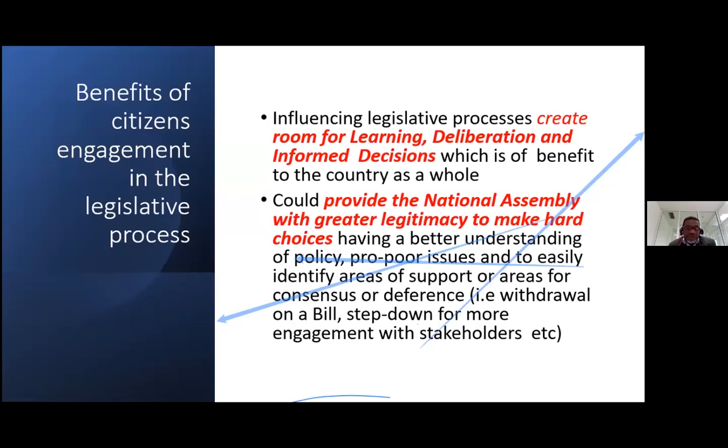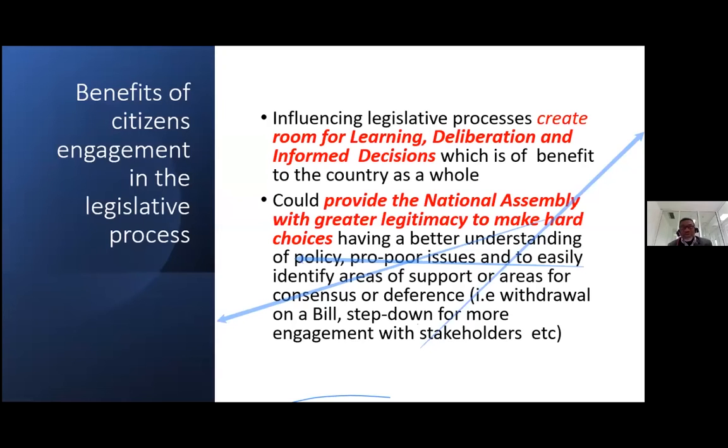Another thing civic engagement can do, and this is a benefit more to the institution of the legislature itself, is that you strengthen the legitimacy of the legislation. A legislature that does not engage with the citizens has only a limited level of legitimacy. And why you need legitimacy is that not all decisions are popular.